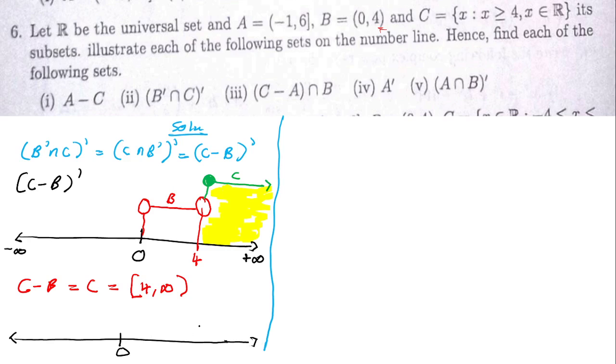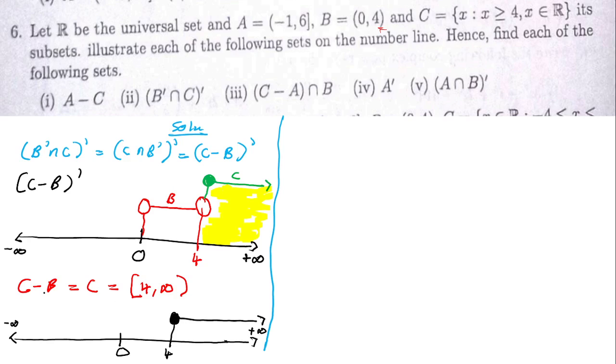So what I'll do, I'll draw this line on the number line. So I'll put a 4 like that, and remember that 4 is part of the set, and this set is going this way.